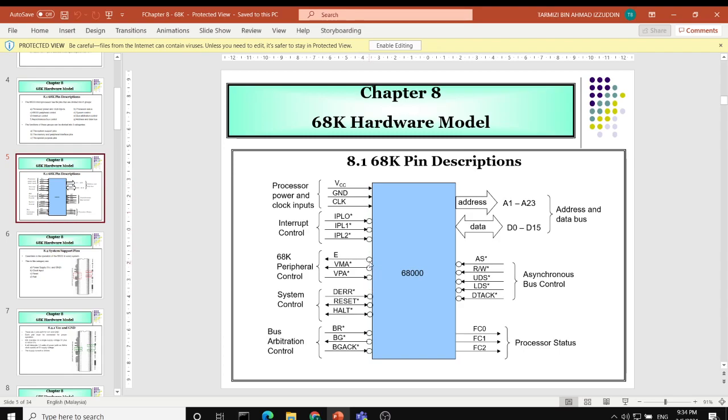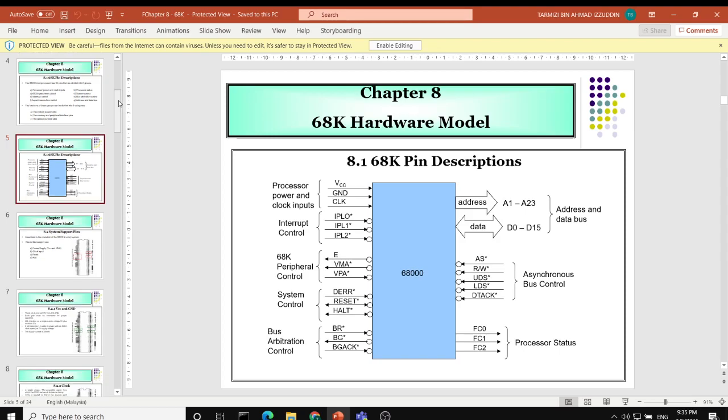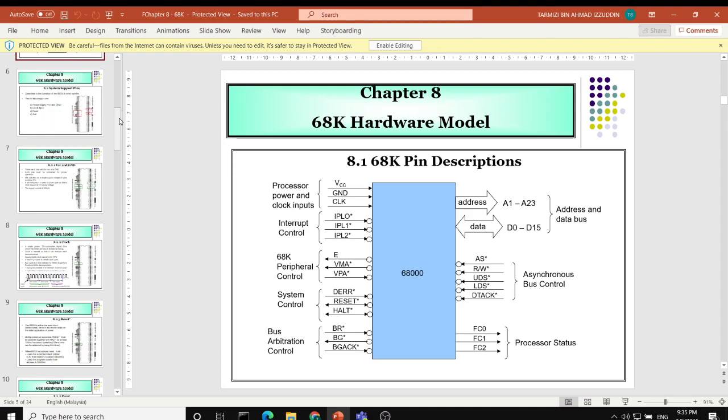If we have an arrow going out from the 68K, for example E here, it is a unidirectional pin which acts as an output. Whereas if you can see here, for example, system control's reset and halt, this is a bidirectional pin. It can act as an input or it can act as an output. So that is about the pin description of the 68K.